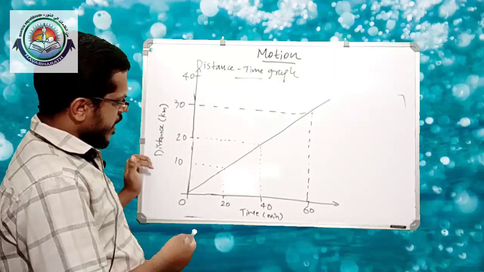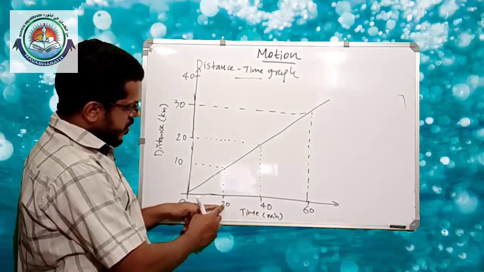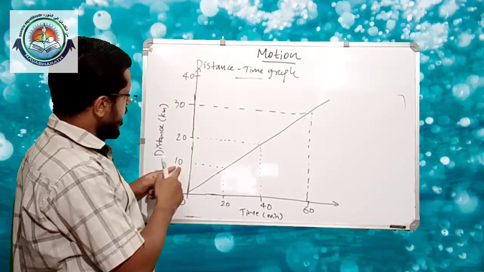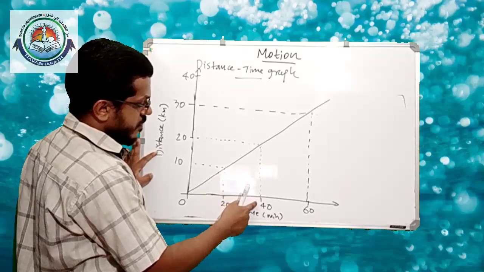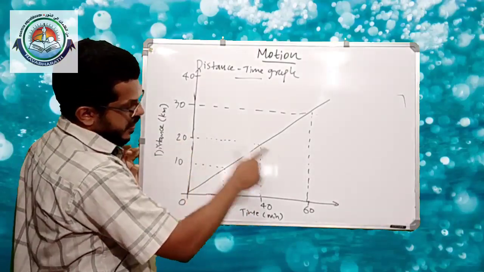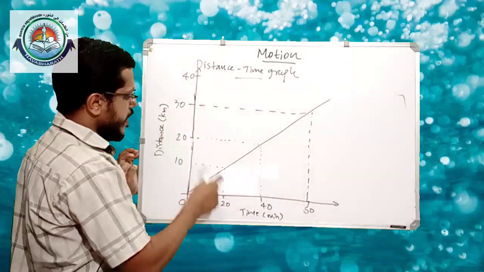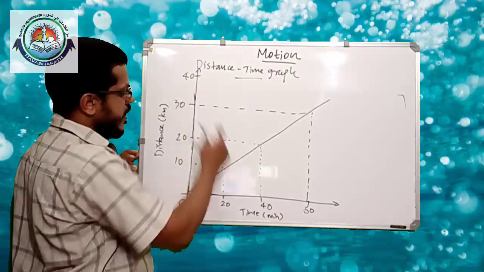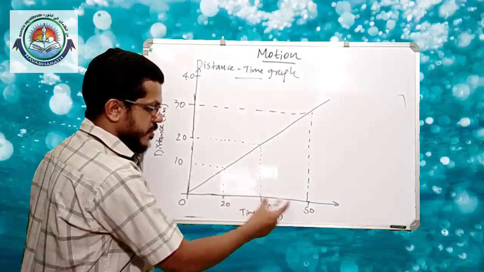If you observe, in 20 minutes this object traveled 10 kilometers. Then in 40 minutes it traveled 20 kilometers. Then in 60 minutes it traveled 30 kilometers. That means this object covers equal distances in equal intervals of time. Here the equal interval of time means 20 minutes.